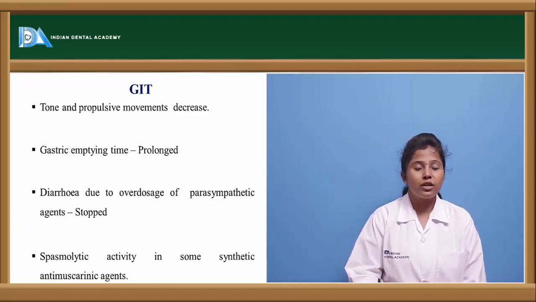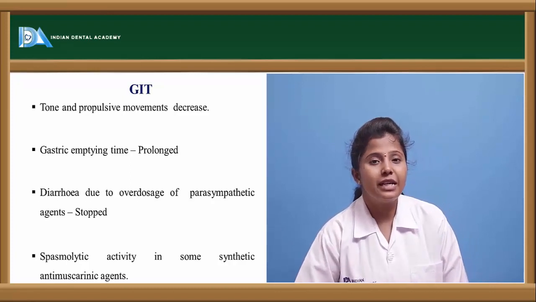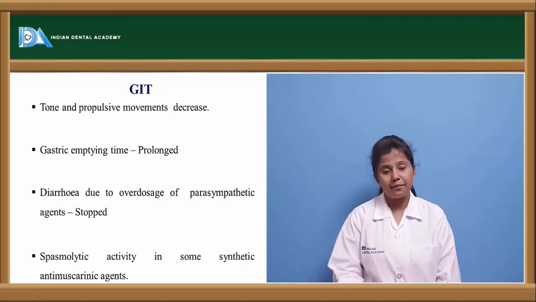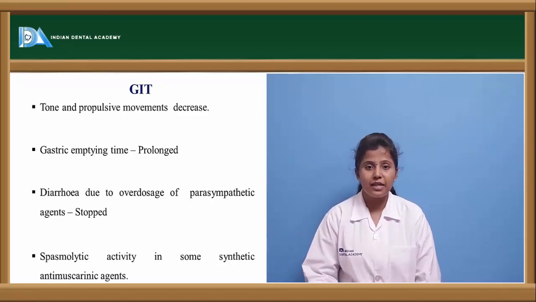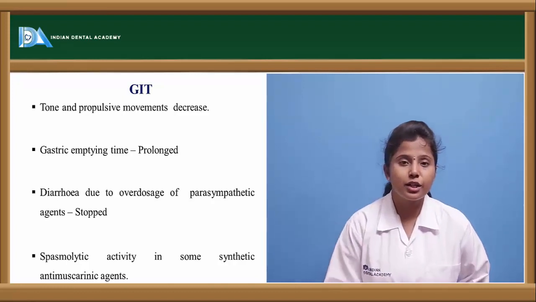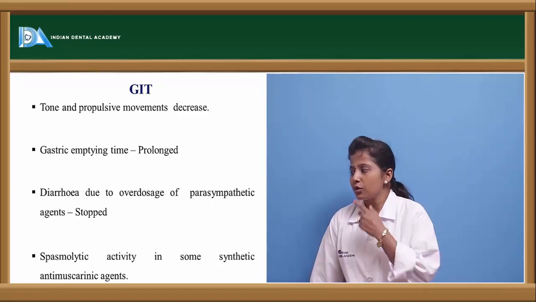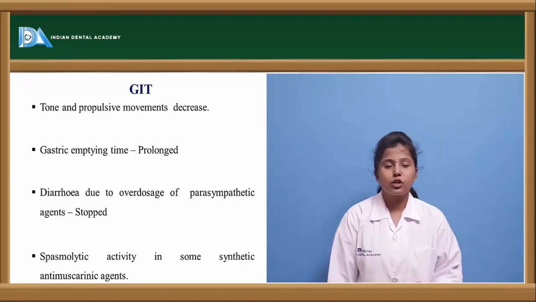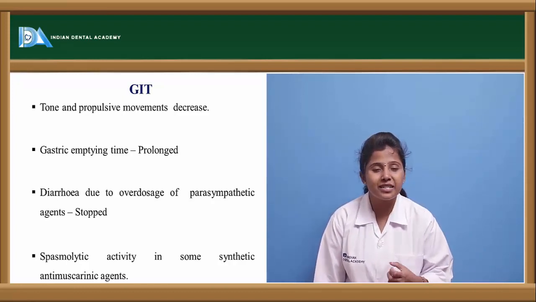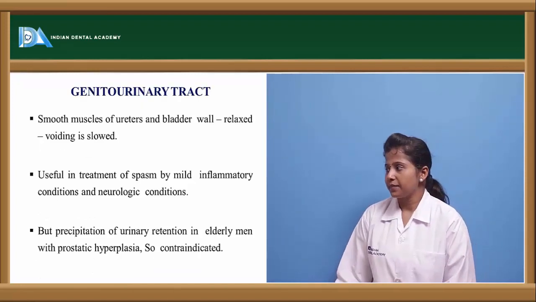So these antimuscarinic drugs are also dose dependent. If we give an excessive dose, it causes parasympathomimetic activity, whereas in a particular dose it shows antimuscarinic or parasympatholytic activity. This spasmolytic activity is also observed. We can see that spasm can also be relieved because of a few antimuscarinic drugs.